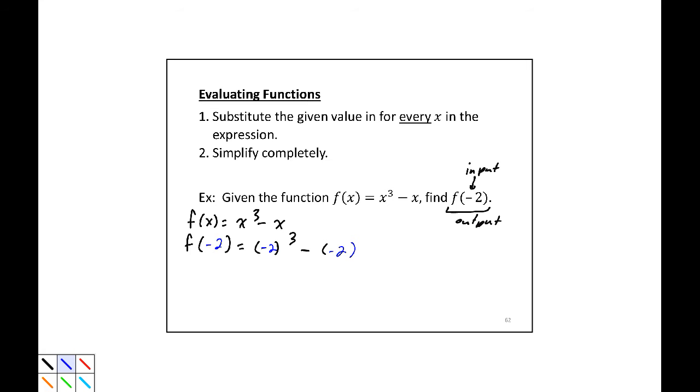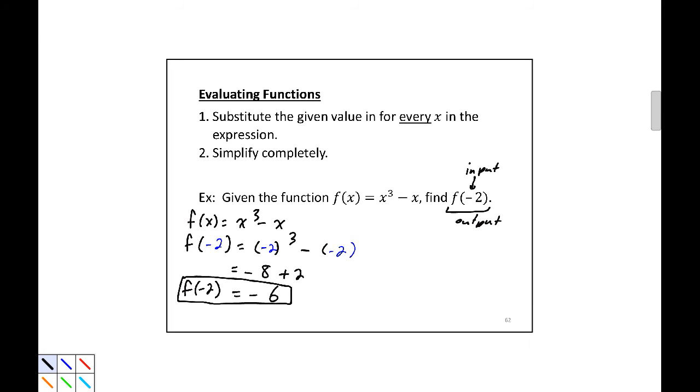All right, now we will simplify that. On the right side, the left side does not need any simplification because it represents the output. So negative 2 cubed is minus 8, and then we have plus 2, so that this is minus 6. So f of negative 2 is negative 6, which means the input is negative 2 and the output is negative 6.